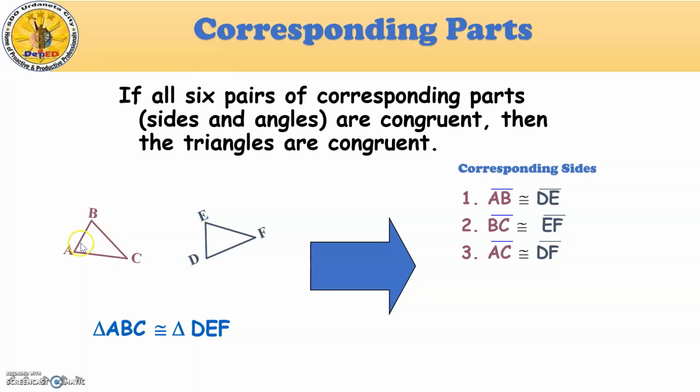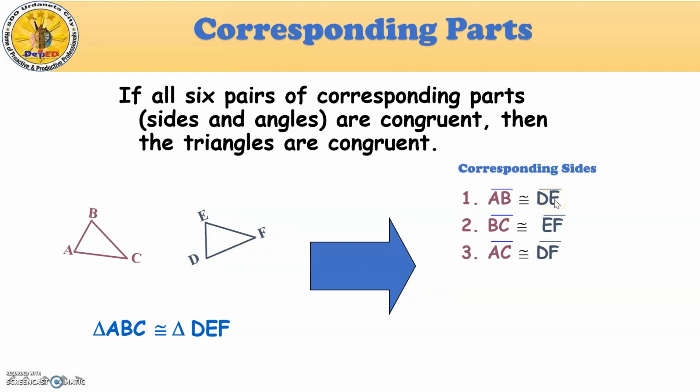Therefore, side AB is congruent to side DE. Also, side BC corresponds to side EF on the other side. So, BC is also congruent to EF. AC is also congruent to DF.